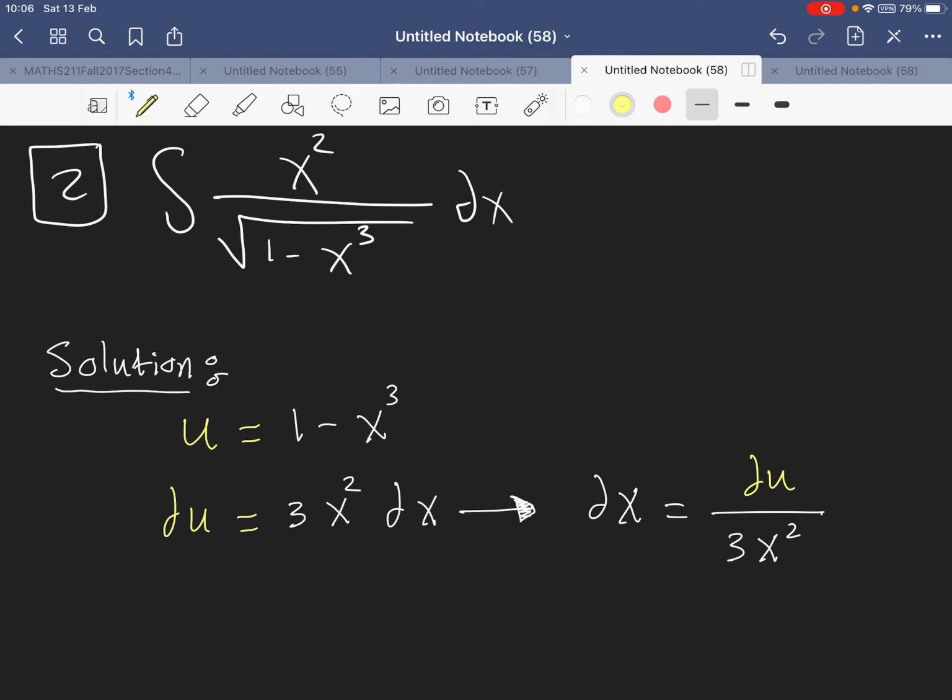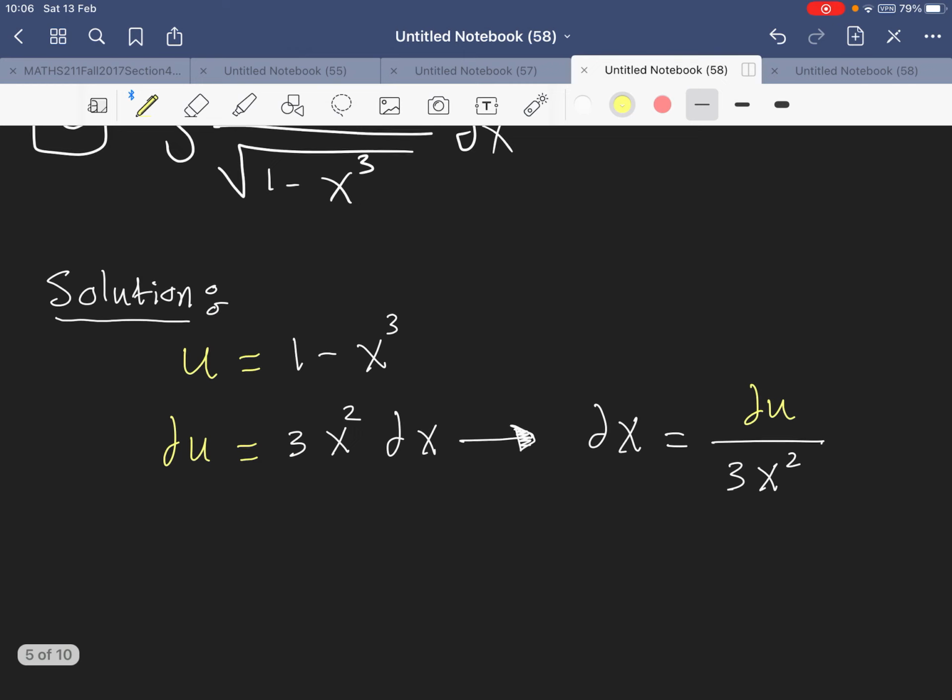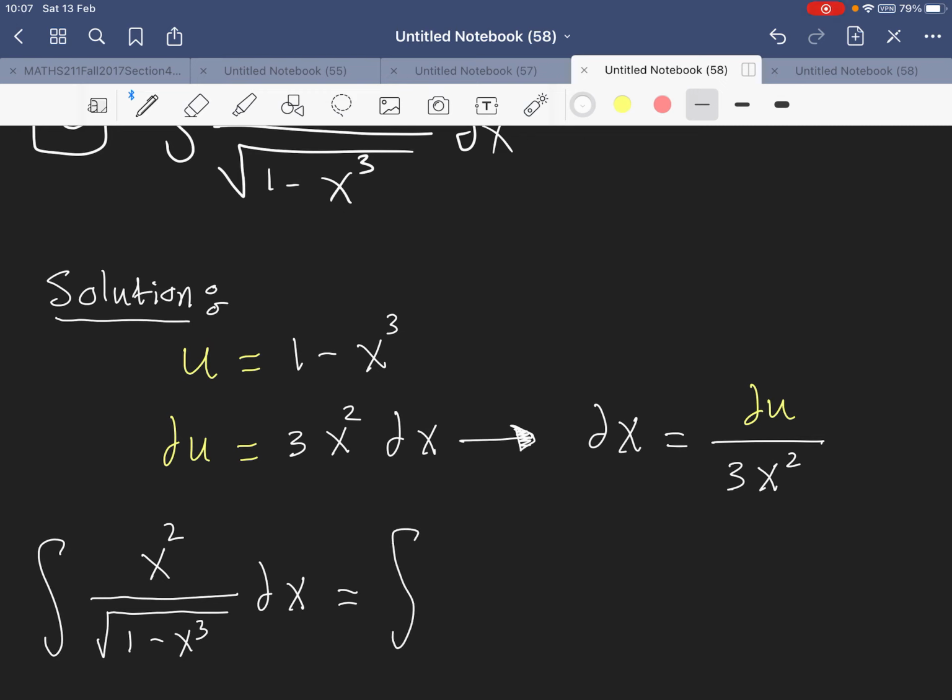Now we take those two pieces of information and substitute them in the original integral. So the integral is x squared times the square root of 1 minus x cubed dx. Now let's see what we have. Inside the square root I will call it u, because 1 minus x cubed is u.